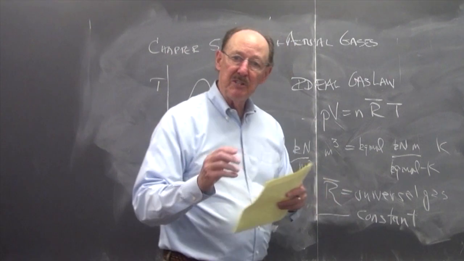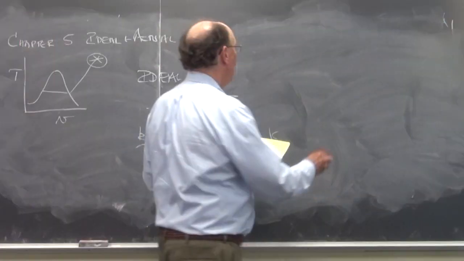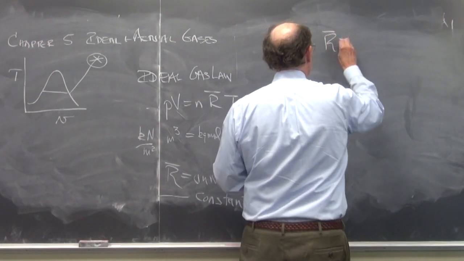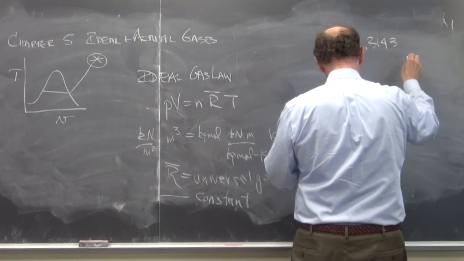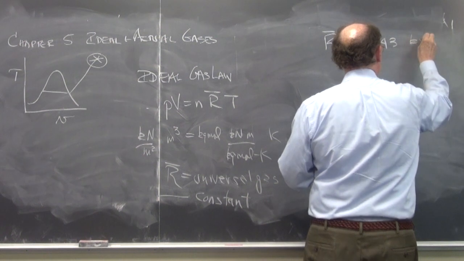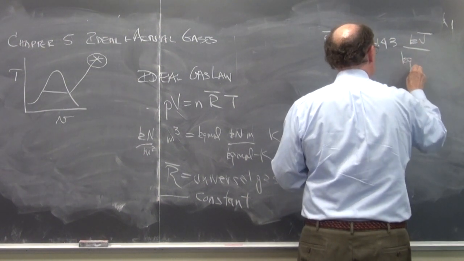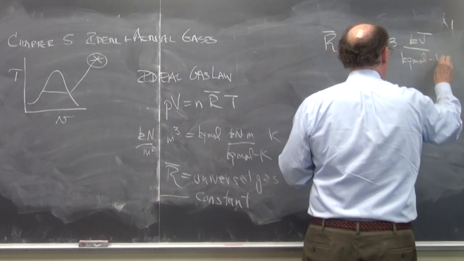And so that means it's the same for all gases. So R bar is equal to 8.3143 kilojoules per kilogram mole, degree K.